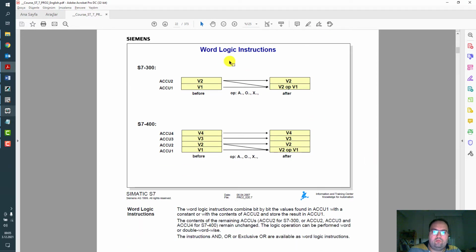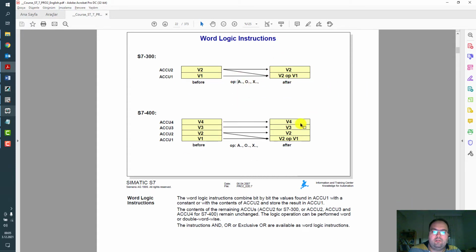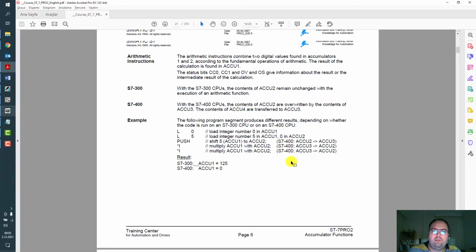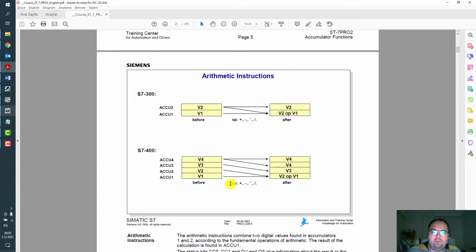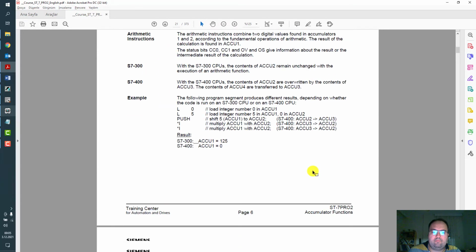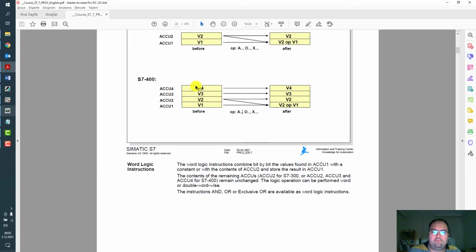And word logic instructions: AND, OR, XOR. The behavior in STEP 7 400 is different when you compare it to arithmetic instructions. Like this.